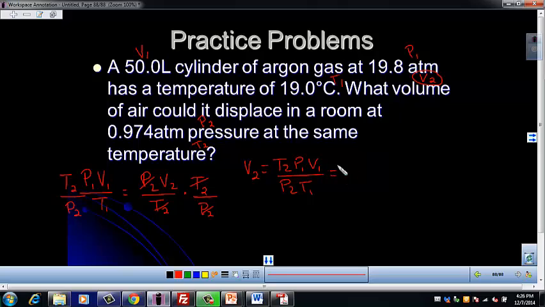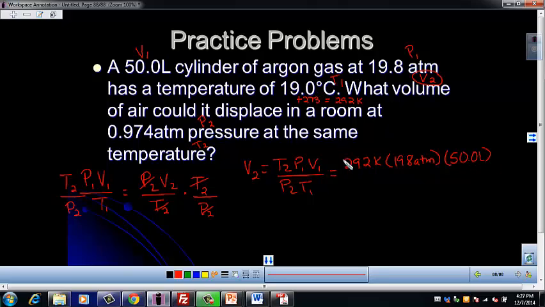And then we can just go ahead and put in our information. Now remember, with temperatures in any gas law problem, we want to add 273, and what I got for that was 292 K. So 292 K, and then P1 is 19.8 atmospheres, and V1 is 50 liters.